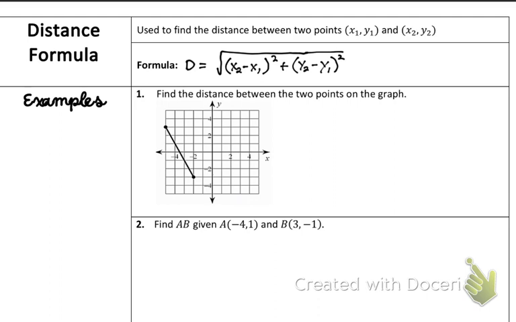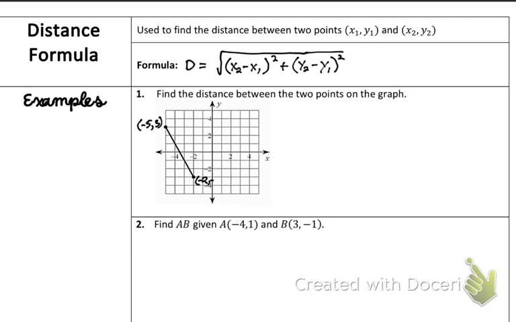Now, our first example is they just give us points. We have to know what points those are. So as a reminder, it's our x value first. We'd go 1, 2, 3, 4, 5. This would be negative 5. 1, 2, 3. So this point right here would be negative 5, 3. My other point would be negative 2 because our x value is negative 2.